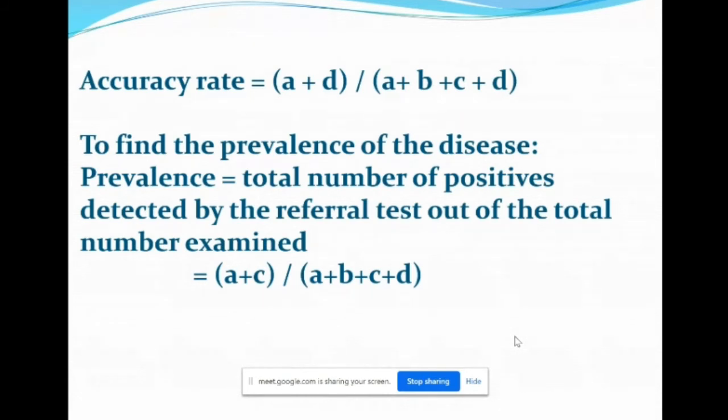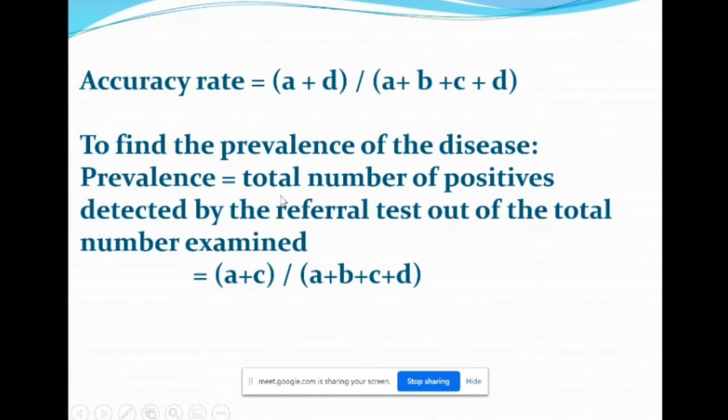The other measures that you should know about screening tests include the accuracy rate. This is measured by dividing A plus D, that is the true positives and the true negatives, out of all persons or population screened.